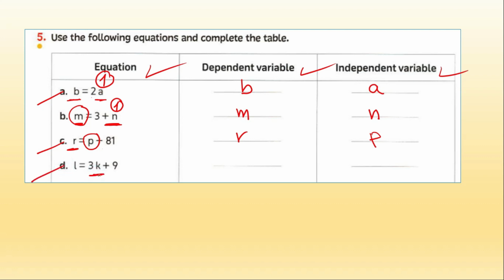As the first you have to find the value of K. الأول هنعرف ال K بكام اللي هي at the first اللي هي independent وبعد كده نعرف ال L بكام. Okay.